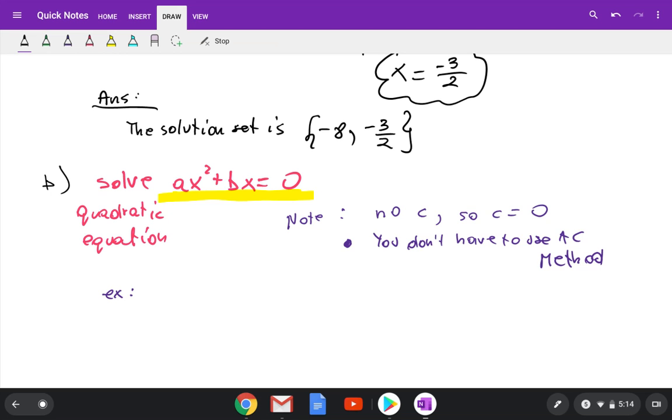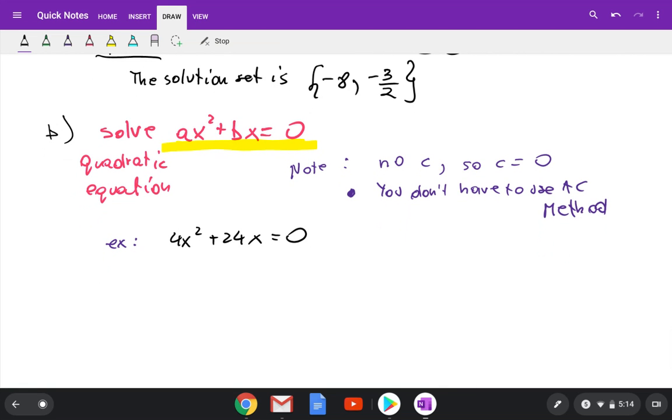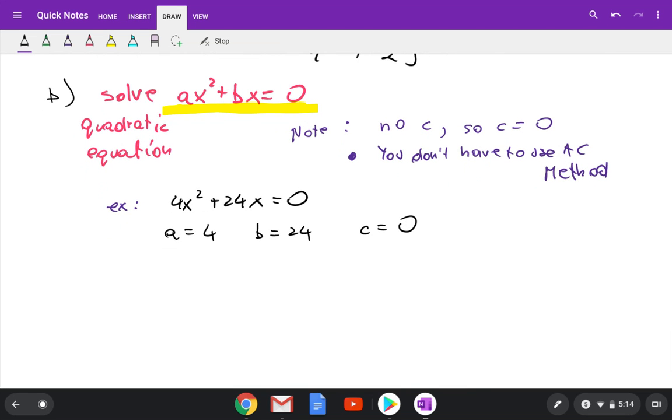So we're going to solve 4x squared plus 24x equals 0. Okay. In this example, a is equal to 4, b is equal to 24. There's no c, so c is equal to 0. So when you have an equation like this, step 1, factor out the greatest common factor.